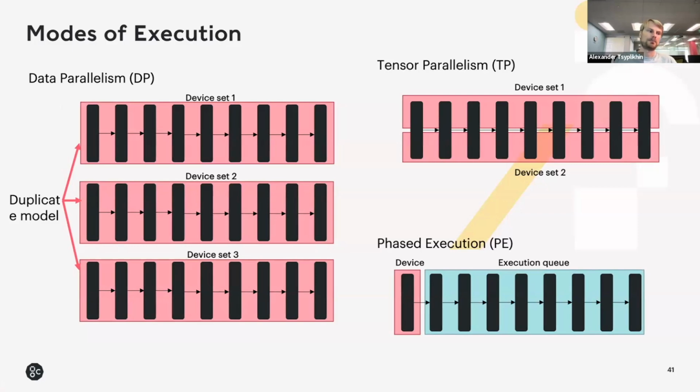After a set of batches, it would do a reduction of the gradients across all the replicas so that you end up with a shared set of weights before continuing with the next set of batches.